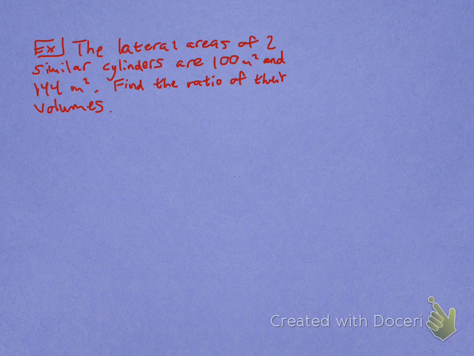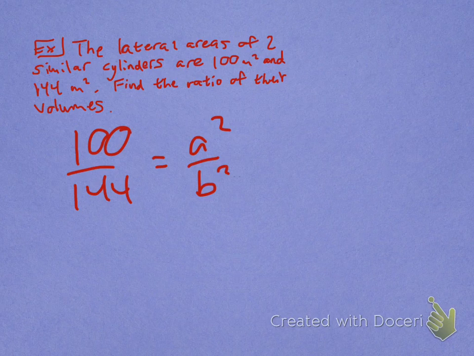The lateral areas of two similar cylinders are 100 meters squared and 144 meters squared. Well, these are their areas, so we can compare 100 over 144, which again is just a squared over b squared, because the areas are squared, where again, r equals a over b. So we take the square root of everything, and we get 10 over 12 equals a over b.